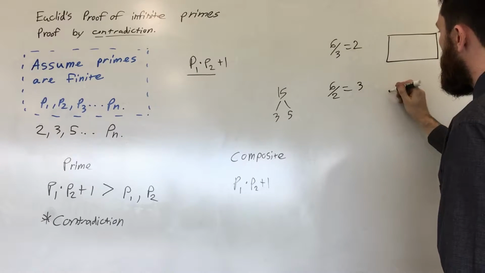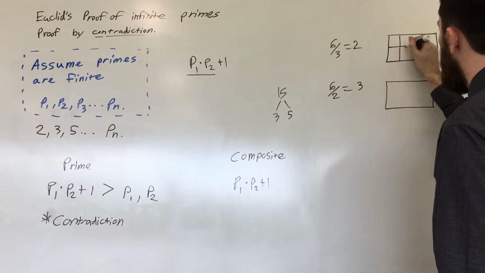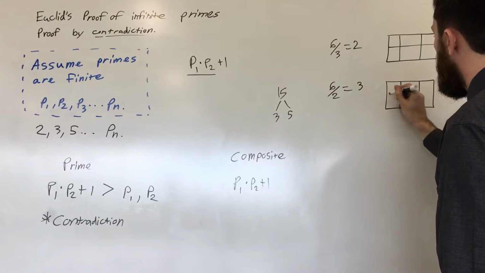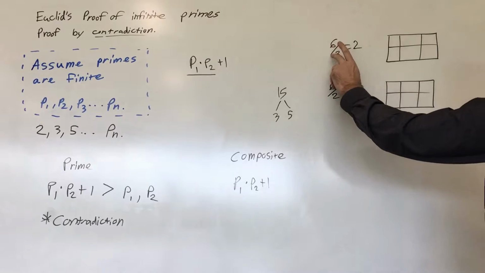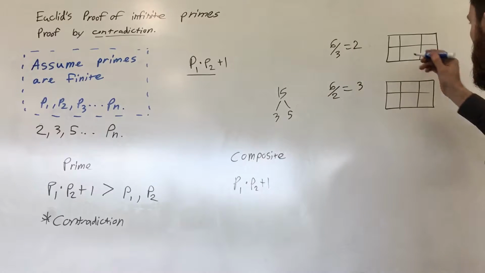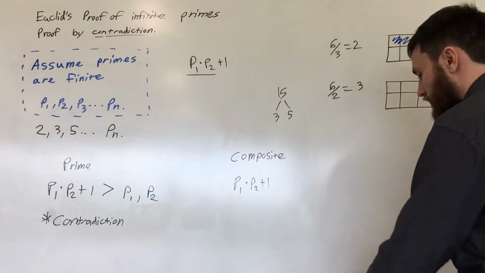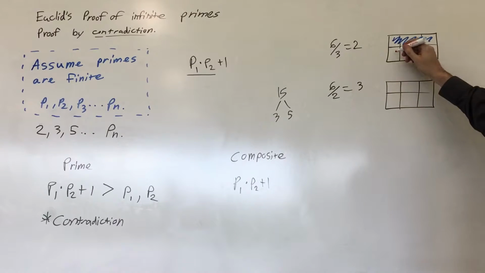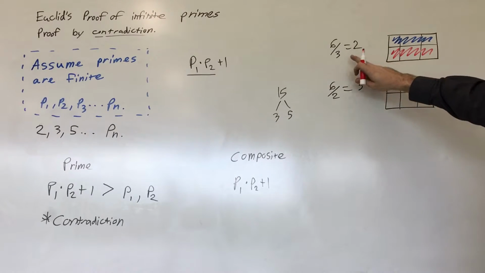So I'm going to show you a new way to divide. And Euclid did not know algebra because he was around before algebra was invented. So we're going to divide this 6 by 3. So this is 6 divided by 3. We can see that it's 2.